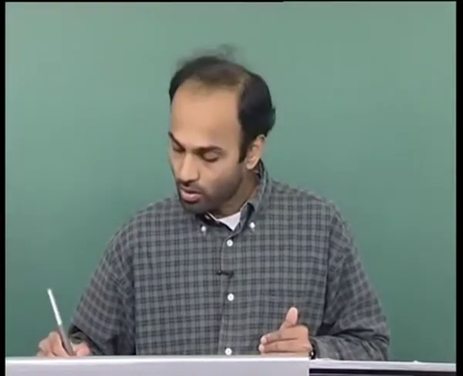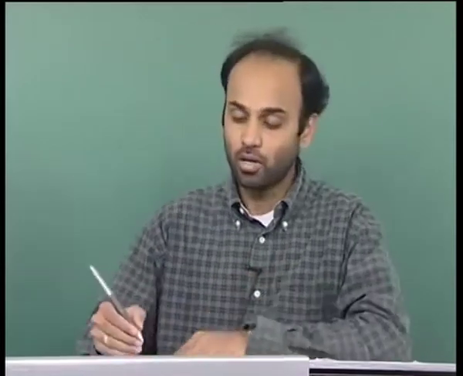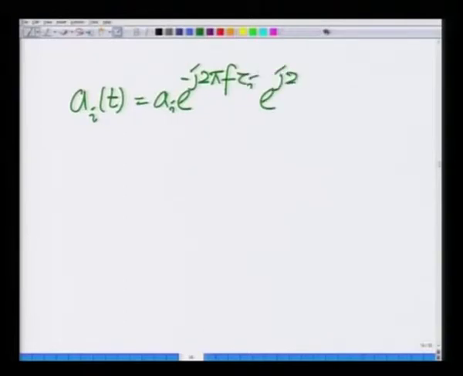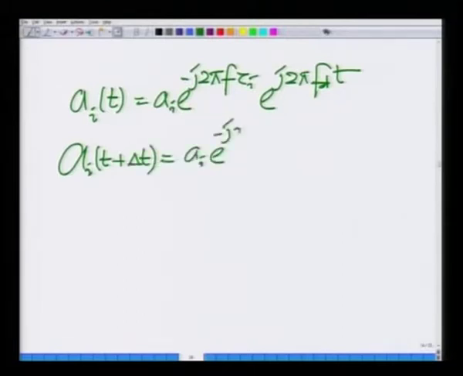Alright. Now, let us compute this correlation, so that the correlation as a function of delta t gives me an idea of how fast the channel is varying, as we just described before. So, now a_i(t) is nothing but a_i e^(-j2πfτ_i) e^(j2πf_d t), and a_i(t plus delta t) equals a_i e^(-j2πfτ_i) e^(j2πf_d (t plus delta t)).